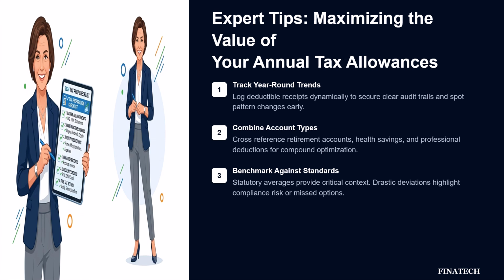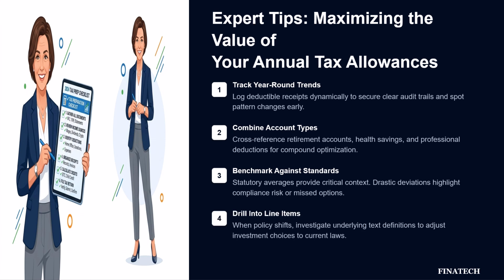Benchmark against standards. Statutory averages provide critical context. Drastic deviation highlights compliance risk or missed optimization. Drill into line items. When policy shifts, investigate the underlying text definitions to adjust investment choices to current laws.